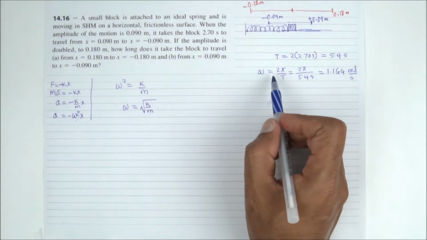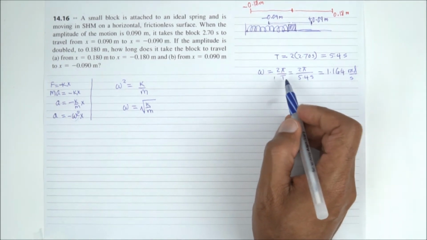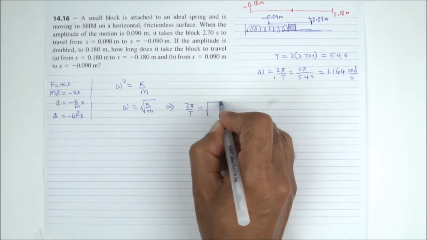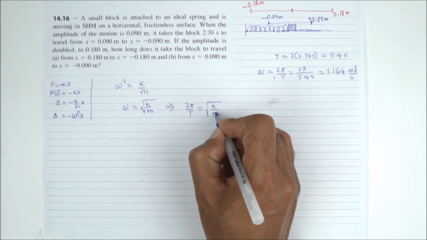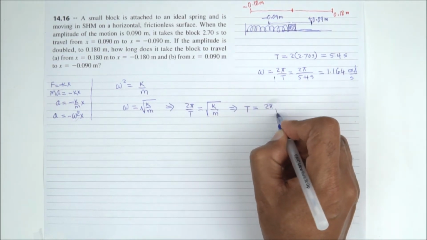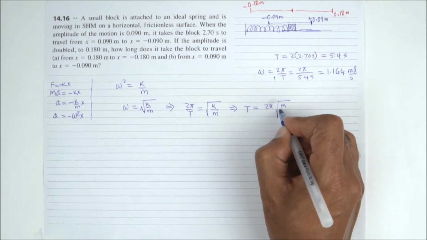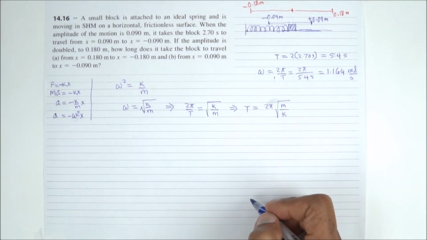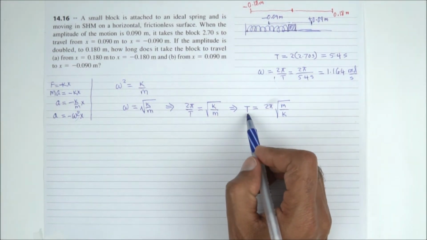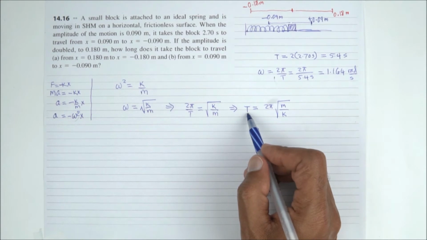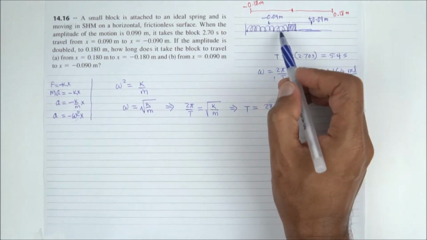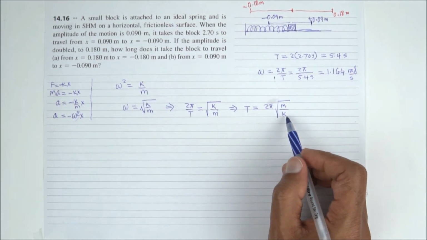This omega is related to T, so 2 pi over T is the square root of k over m. That means T is equal to 2 pi square root of m over k. So you can calculate the period from this equation. If you look at this equation, the period of oscillation depends on the mass of the block and the spring constant. It does not depend on the amplitude.